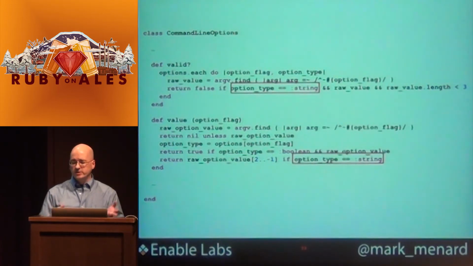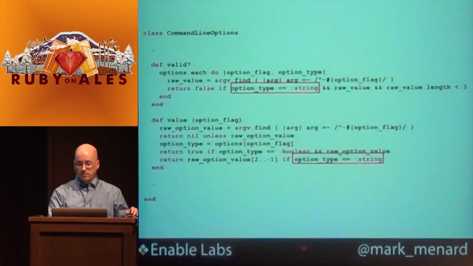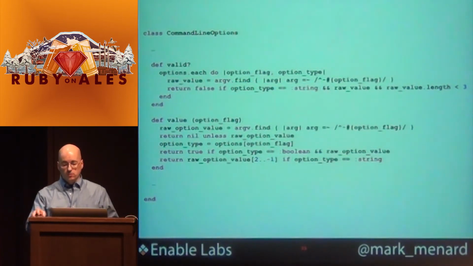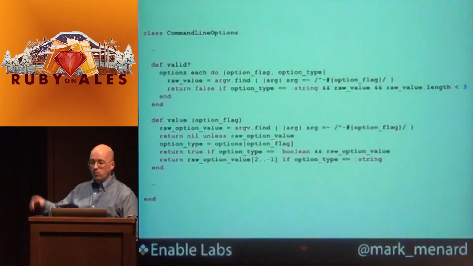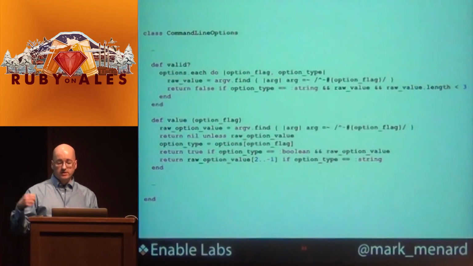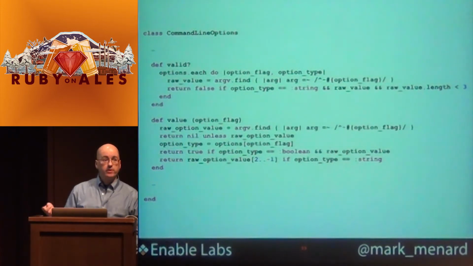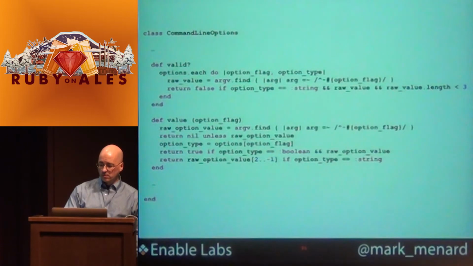They're not actual violations of the rules of methods, but they are a strong indication that we've missed something. We're violating other rules. I think it's hard to say that either one of these methods is really doing one thing, and that all of the code is at the same level of abstraction. Valid is digging into the argv array. Value is figuring out different types and how to return their values. They've got a lot of knowledge built into them.